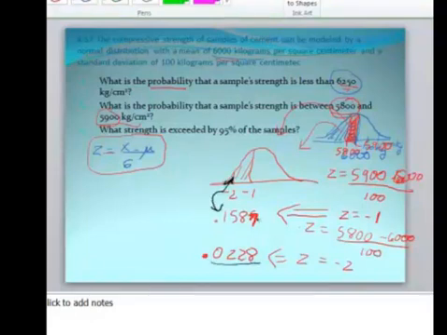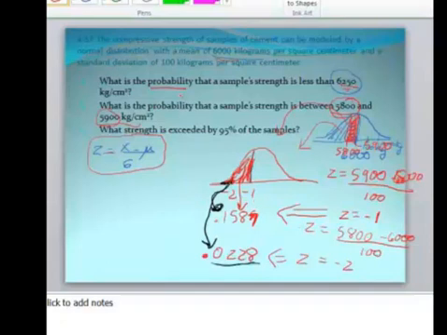This area includes both values, right? Okay, let's try this again. This area right here in black is the small area, and this area, which is all of it, is right here.